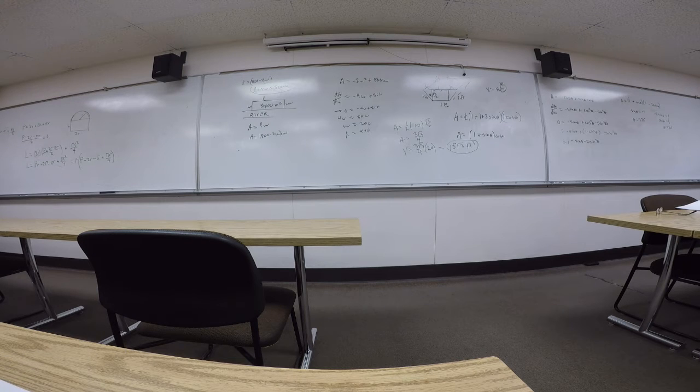Set this equal to 0. Take these two terms to that side. Well, p minus 4r minus pi plus pi r over 2. Take the r terms to the other side, and we get 4r minus pi r over 2 is equal to p minus pi.